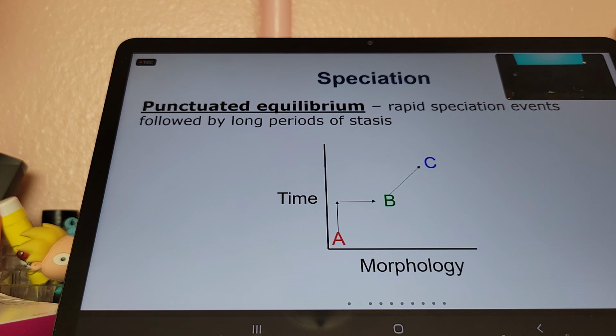So the idea is that in the fossil record, you see a species that seems static through time, and then bam, all of a sudden it looks like there's a new species on the landscape, B. But it's clearly linked to species A. So if you have punctuated equilibrium, where you get rapid speciation events, maybe these groups on the periphery and the fringes adapting to the harsher environments, then once the speciation is complete, or during that process, they come back into that core area and they basically take over.